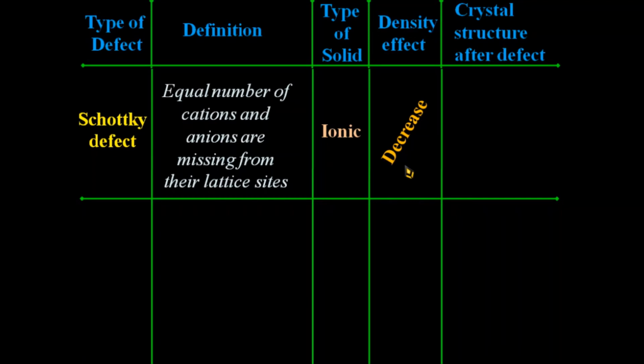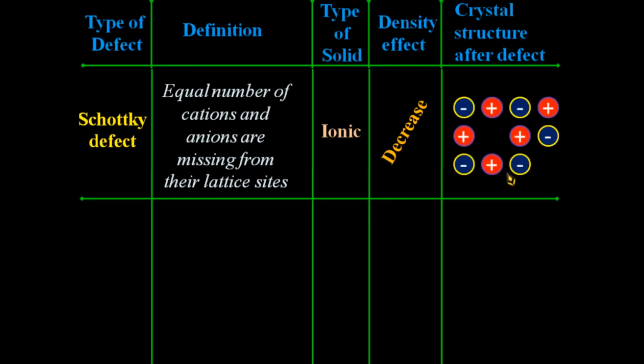Therefore the mass decreases but the volume remains the same, so the density decreases. Here this is our crystal structure, but when this defect occurs, the pair of cation and anion is missing like this. So mass decreases but the volume remains the same.